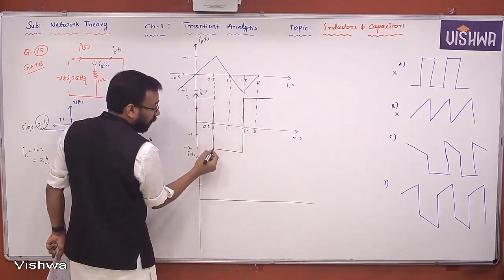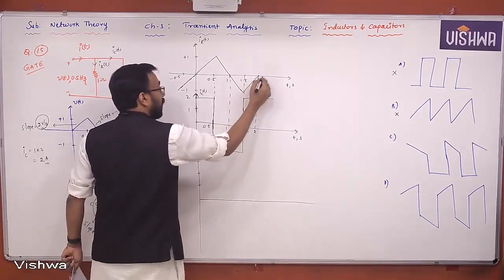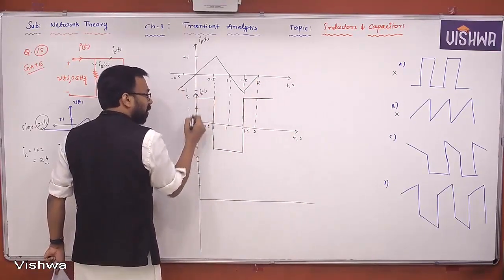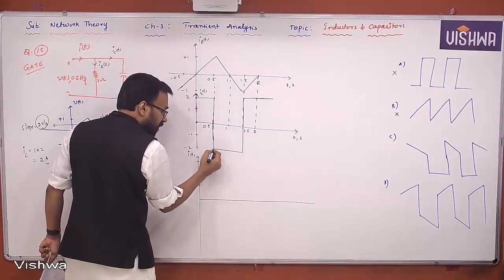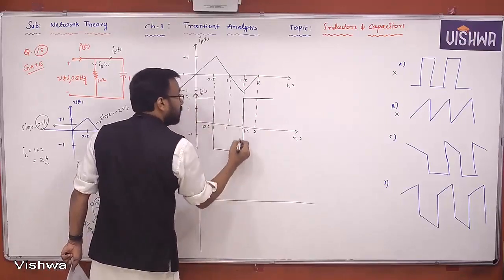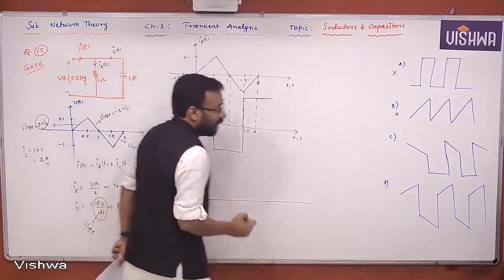That means here negatively increased. Then again positively increased. Then negatively increased again. So what is happening? It is from 0, it is increasing, then coming down instantaneously from that value to some other value, then negatively increasing, then again instantaneously it is rising up to certain point, then positively increasing.